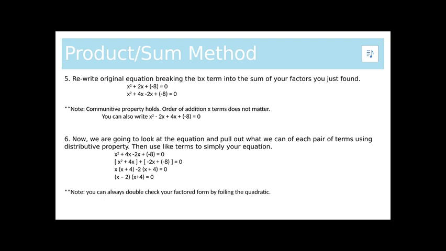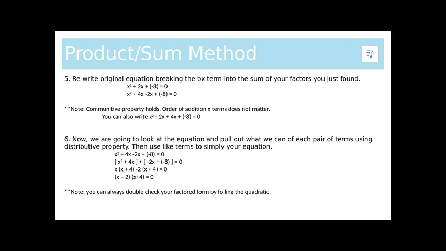Order doesn't matter. So we'll have x squared plus 4x minus 2x plus negative 8 equals 0. And you can clearly see that 4x minus 2x is equal to 2x, and we're not changing the equation in any way.